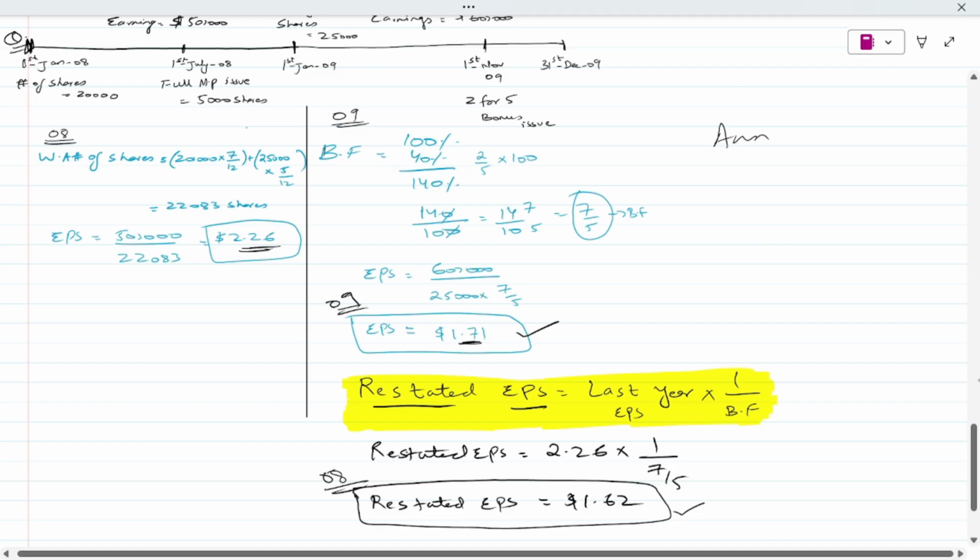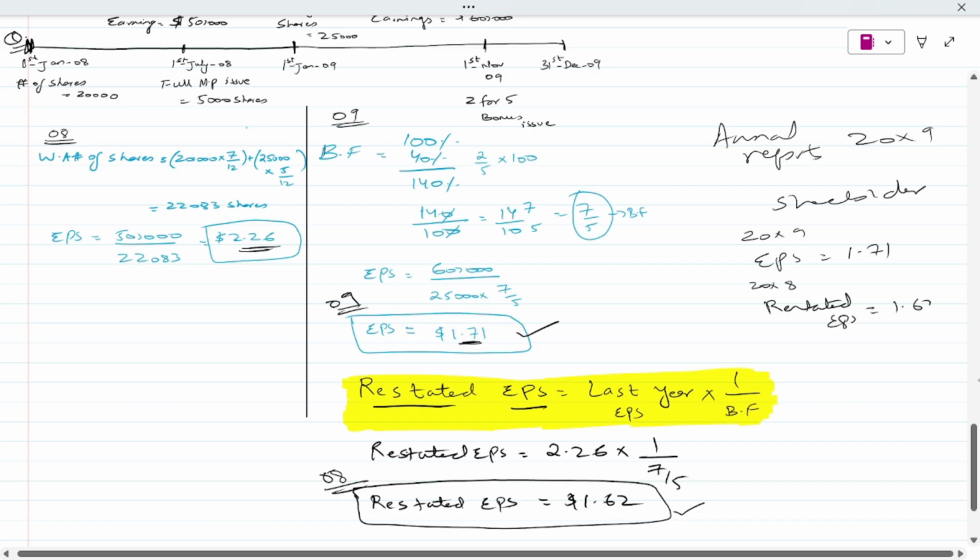The annual reports, or the financial statements of 2009, would be sent to the shareholder. In those annual reports, this EPS of 2009 will be written like this, 1.71, and the 2008 restated EPS would also be written, which is 1.62, like this.